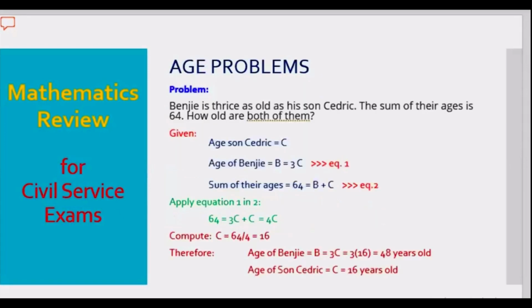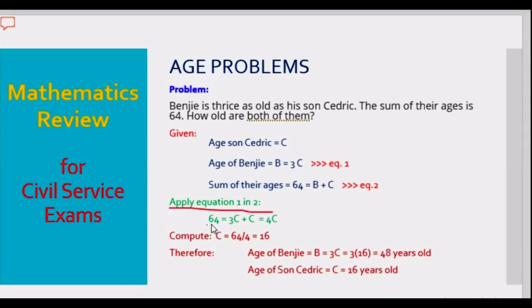So based from equation number 2, we will now apply the data available in order to get the age of one of the unknowns. Alright, so apply equation 1 in 2.